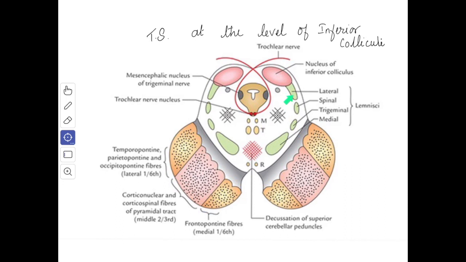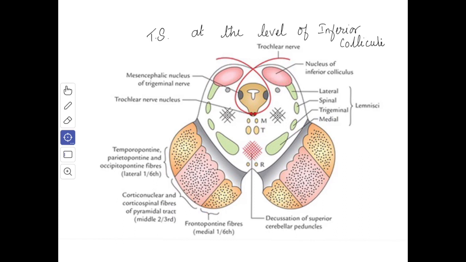From medial to lateral, these are the medial lemniscus, the trigeminal lemniscus, the spinal lemniscus, and the lateral lemniscus. The lateral lemniscus is posterior to the spinal lemniscus and it ends in the nucleus of the inferior colliculus.